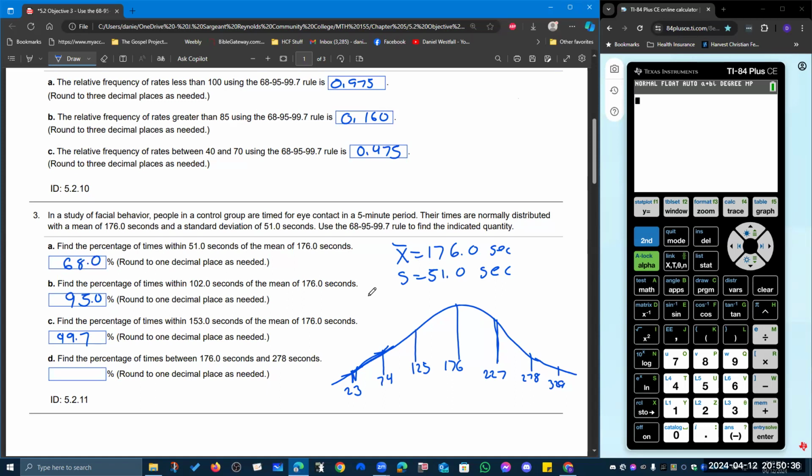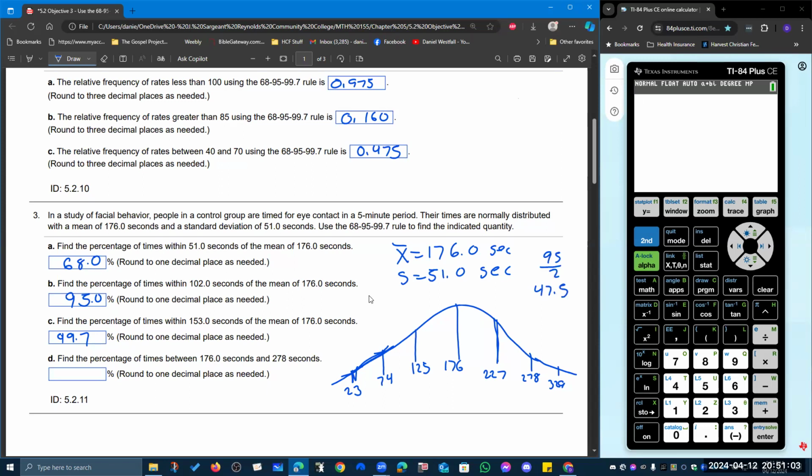And then we can put 1 decimal place here if we want to, since it says round to 1 decimal place. Find the percentage of times between 176 and 278. So that's from 0 standard deviations to 2 standard deviations to the right. So that's going to be half of my 95, which is 47.5.